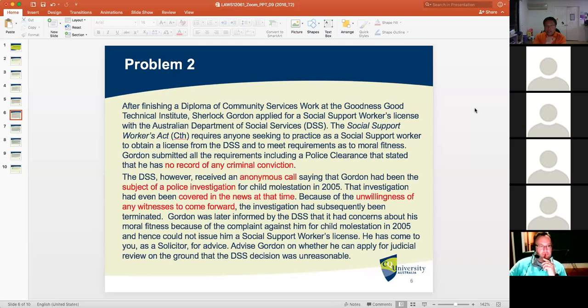Because if the answer is it is open for a reasonable person to believe that child molestation could have been committed by Sherlock Gordon, then it does not meet the standard of Wednesbury unreasonableness. Because you can only have Wednesbury unreasonableness when, for example, the evidence is such that there can only be one possible conclusion on the basis of evidence. But if reasonable minds among reasonable persons can disagree as to what the conclusion would be, then you cannot have Wednesbury unreasonableness.